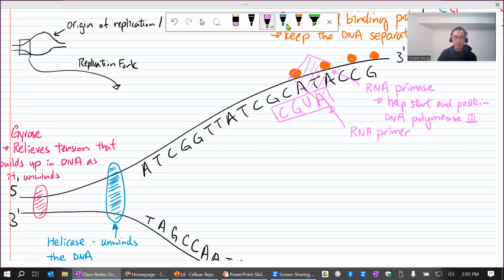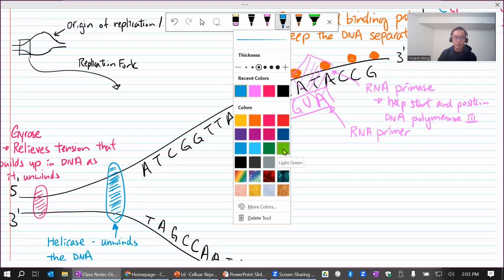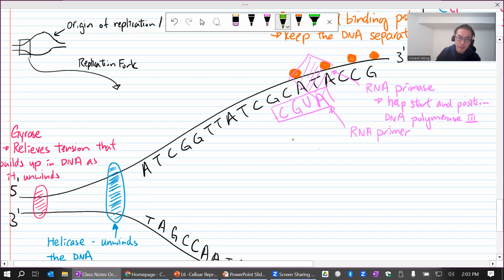Once you put down the primer, the DNA polymerase 3 will be able to take over. And it's gonna come here. Okay, and then it will keep going. Oh, it's like, oh, I know what to do now, right? G A T, because we're building DNA now, right?